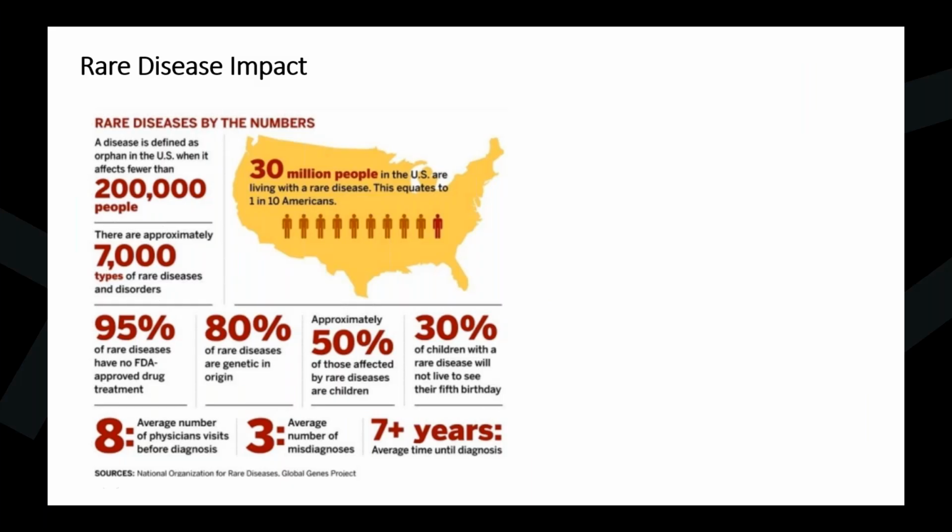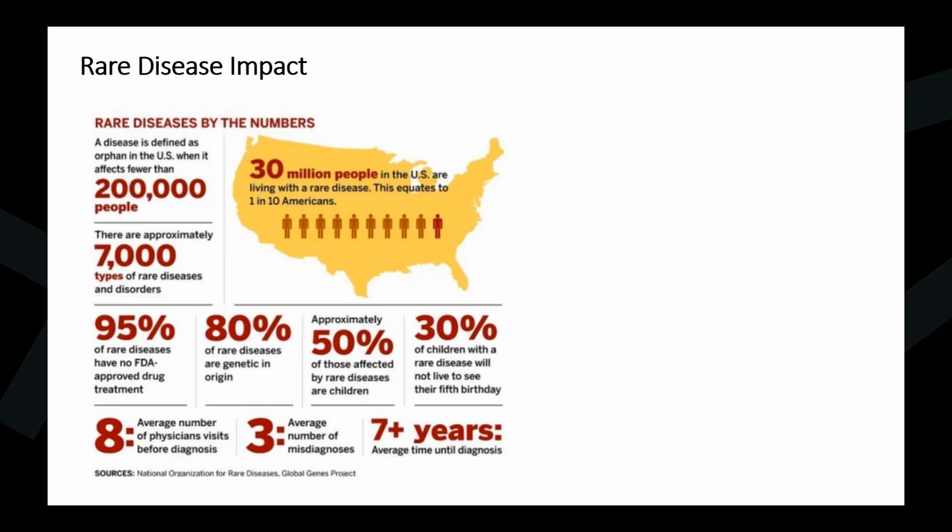Still bad news, for 95% of rare diseases there is no drug treatment. There is no FDA approved treatment for 95%, which means only 5% may be treated. And the other thing is, I don't know if we can do anything, but 80% of rare diseases are genetic. So you can't do anything to your genes, I guess.